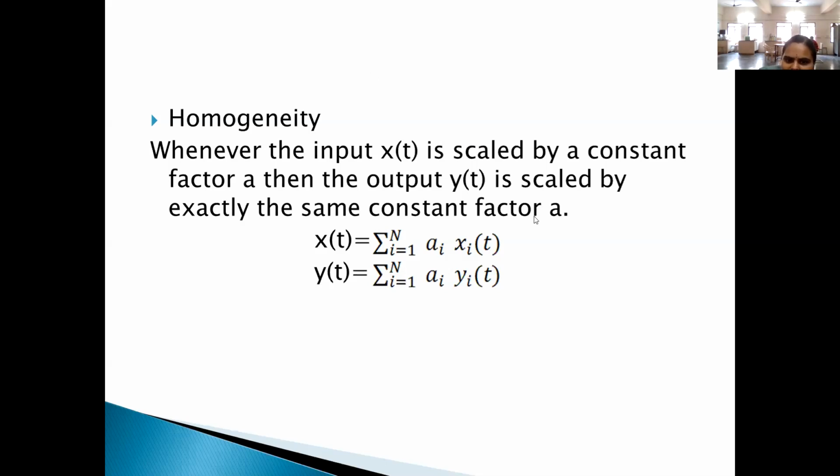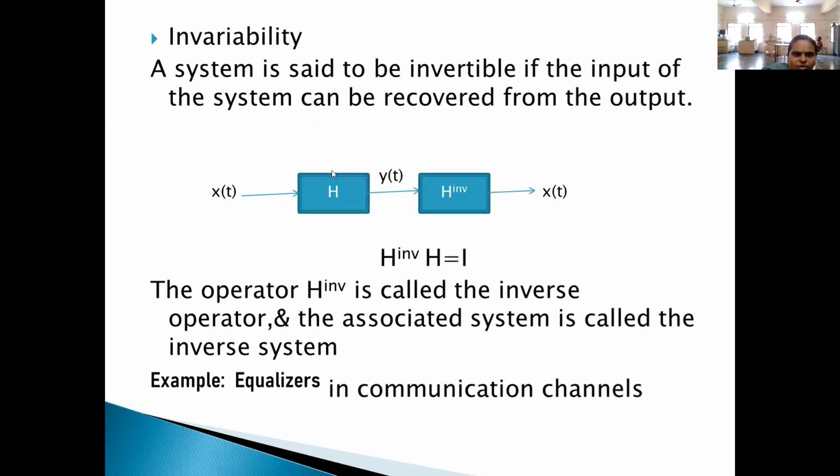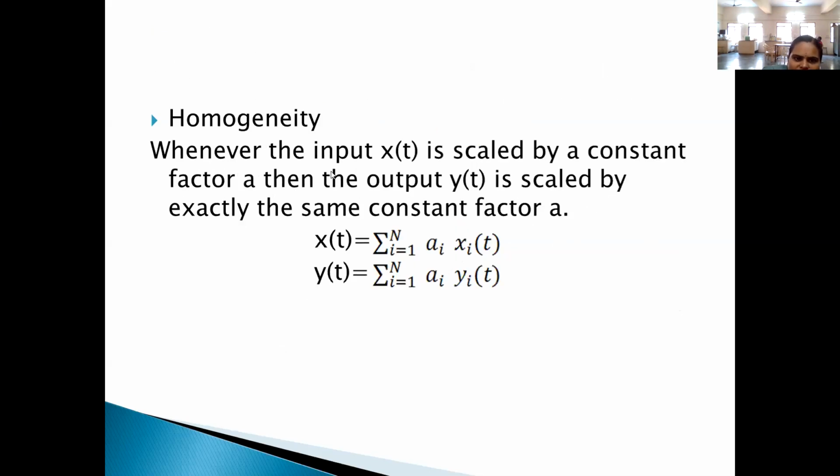Input is scaled by ai and output should also be scaled by ai, then only I can tell it is homogeneous. This is linearity. Linearity means it should satisfy both conditions, superposition and homogeneity.